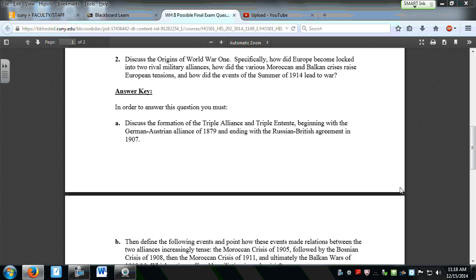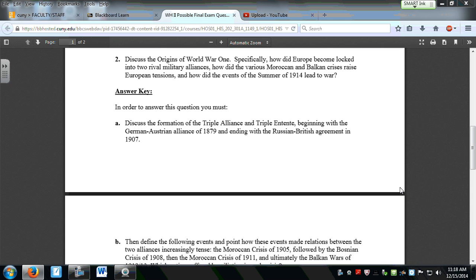Why did France and Britain sign an alliance or an entente in the early 20th century? And then finally, why did Britain and Russia sign an entente or agreement in 1907?